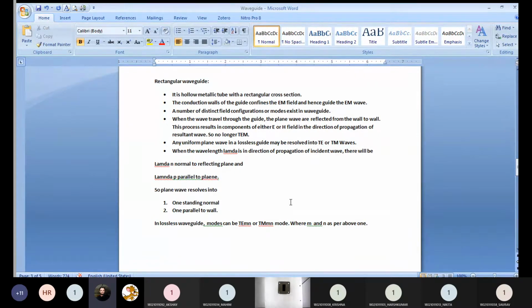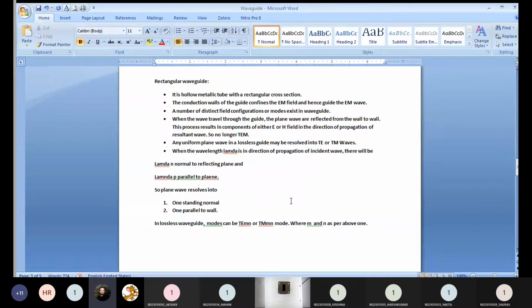We have also discussed why TEM mode does not exist in waveguide, and at last we have seen what is TEmn or TMmn, and what the subscripts m and n indicate. We have seen that in a waveguide either TE or TM mode will exist, and its different combinations may exist. So today specifically, let us start the rectangular waveguide.